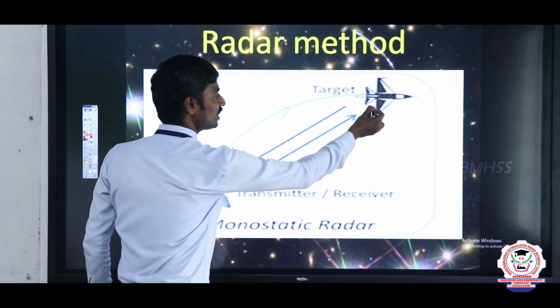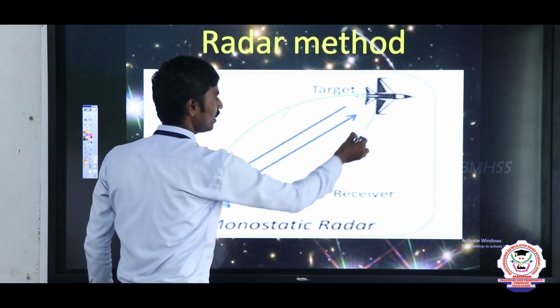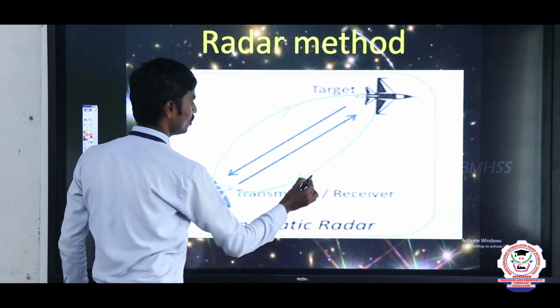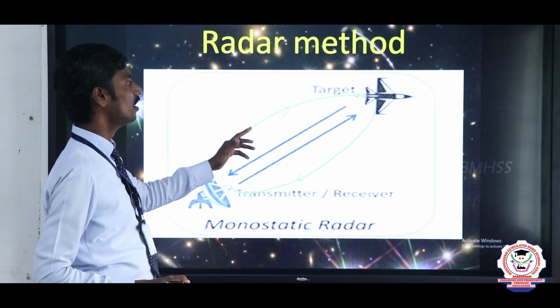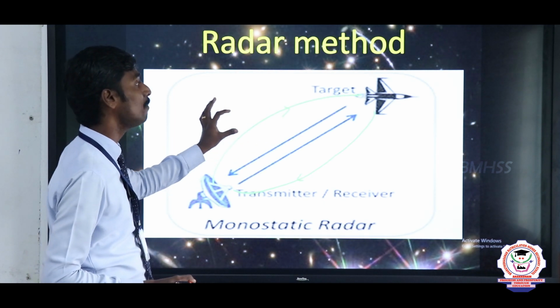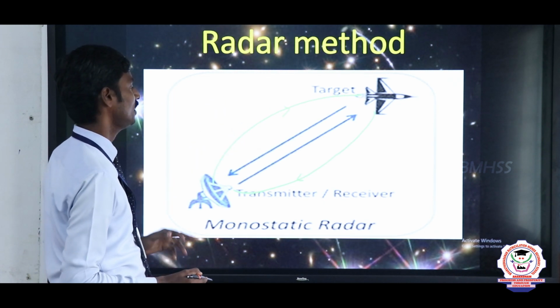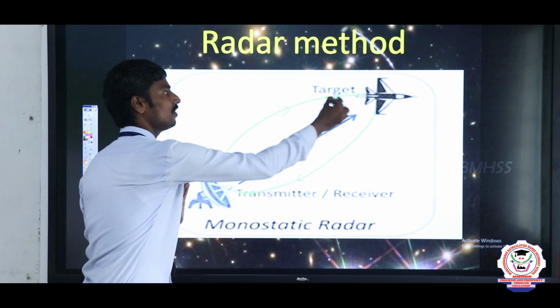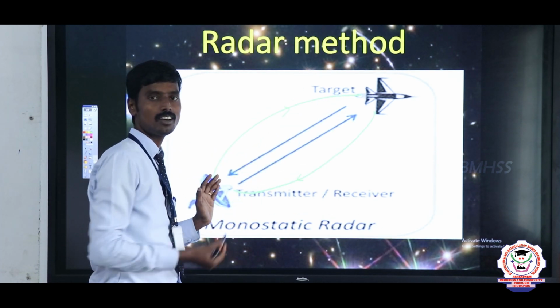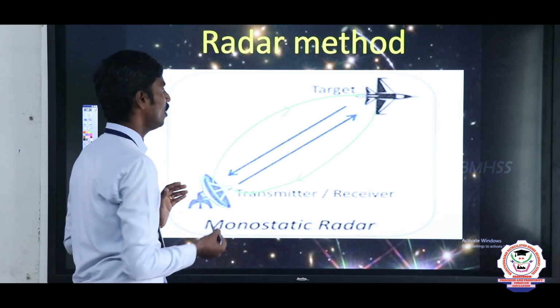After reflection, the radio waves are detected by the receiver. So, first we measure the time interval between the two events, then calculate the distance of the planet or any other target material. Okay, see.